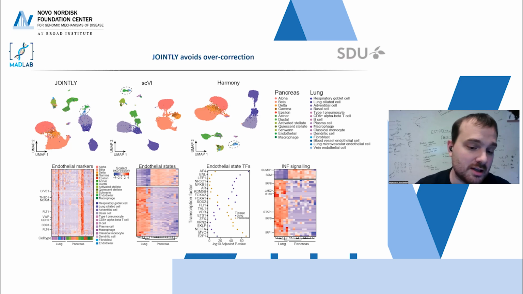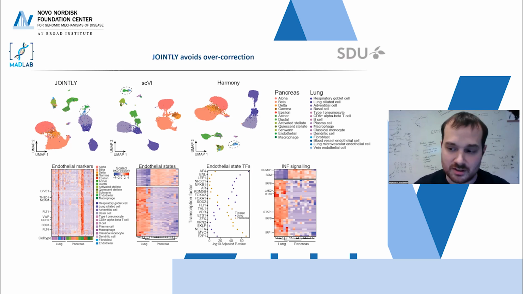So it seems here that Harmony is also susceptible to cell state erasure, whereas jointly and SCVI are doing a good job at separating cell states between samples while integrating across donors.